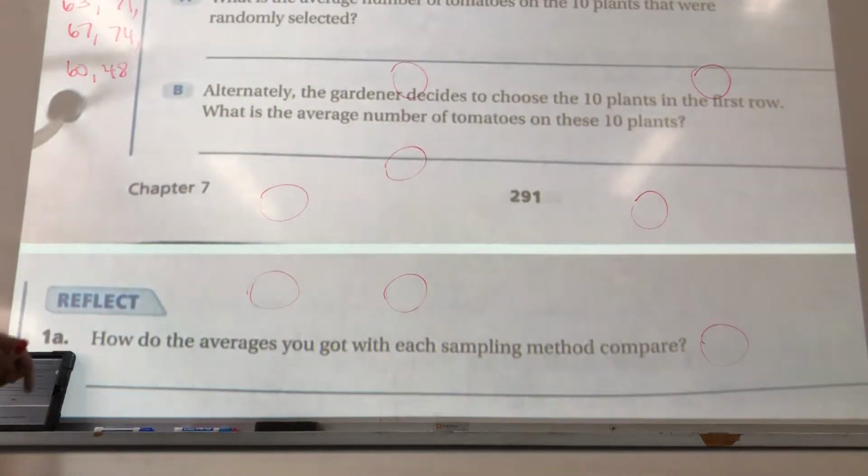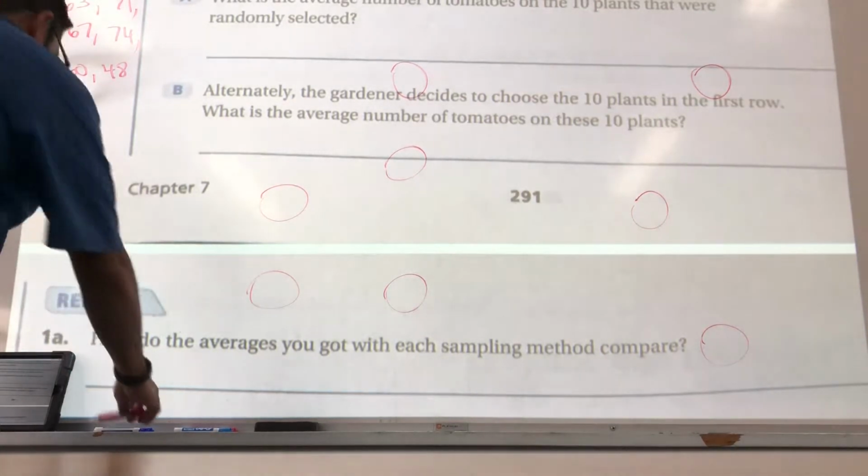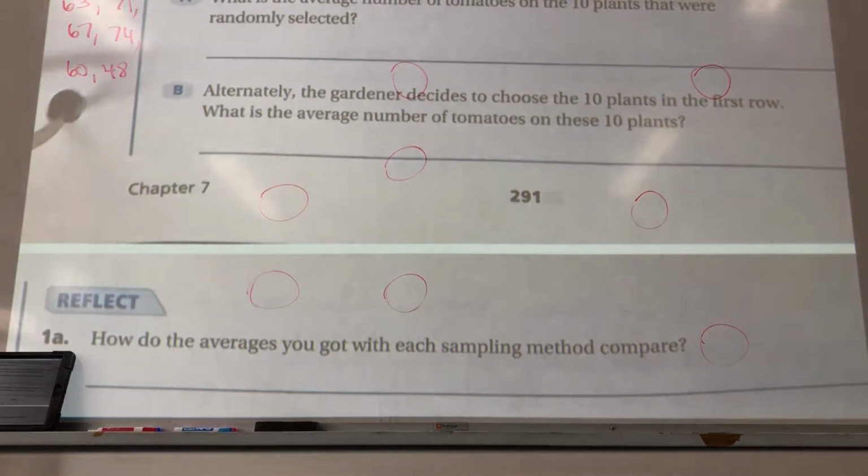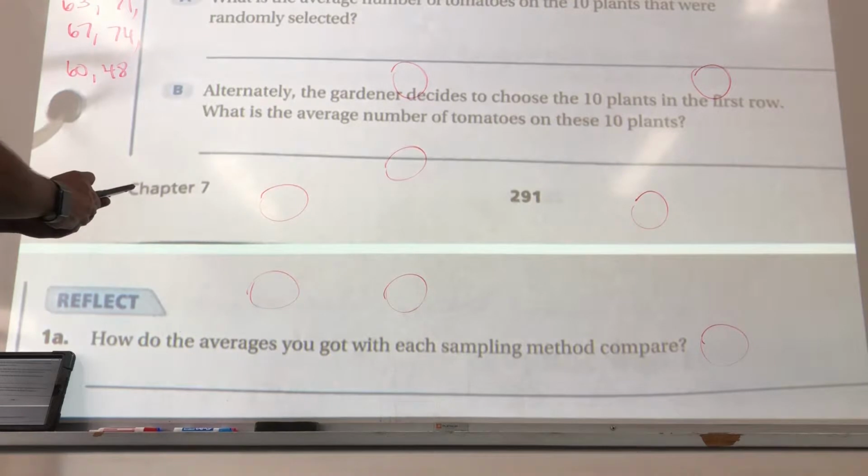What is the average number of tomatoes on the 10 plants that were randomly selected? So I need to add up all the numbers, and then use that number to find the mean. Hold on, I'm trying to turn on my calculator.